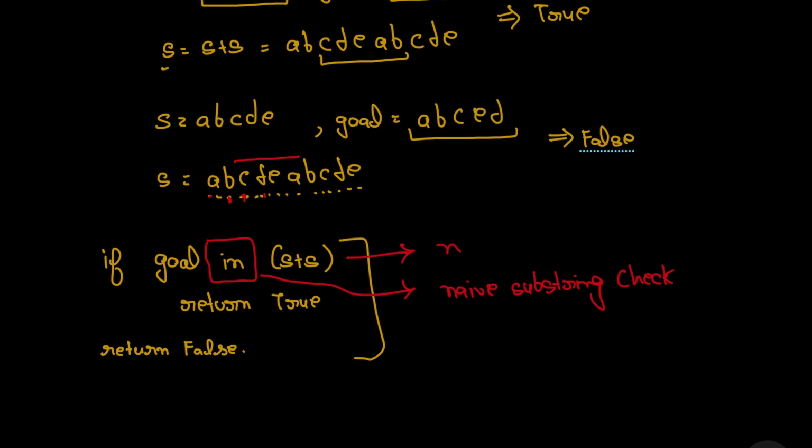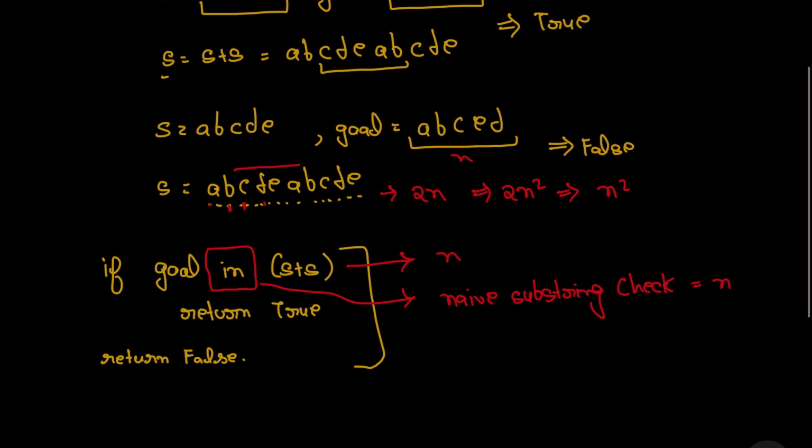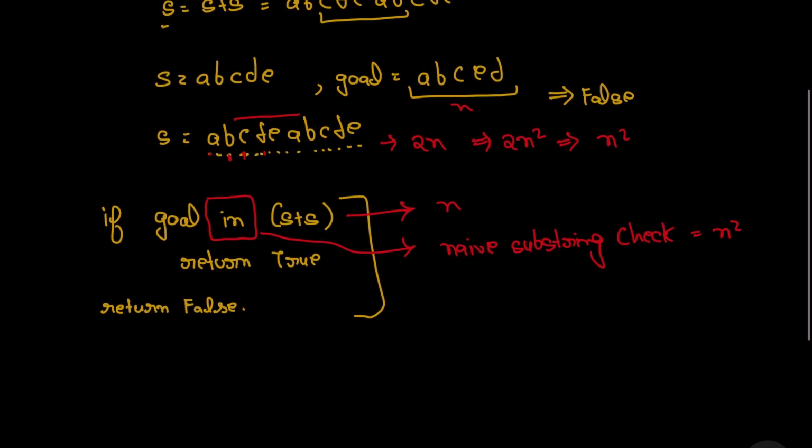So for these 2n characters, you have to check these n characters, and the complexity would become 2n square, which is equal to n square complexity. And this entire problem will become an n square complexity problem.